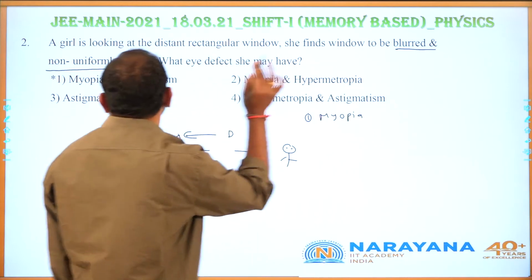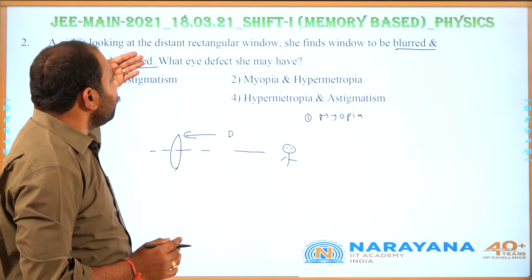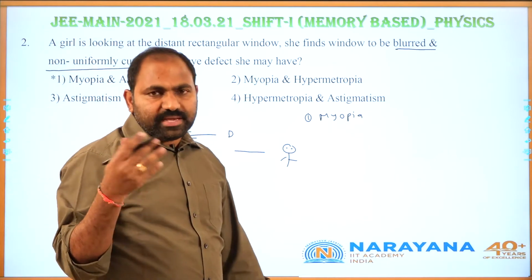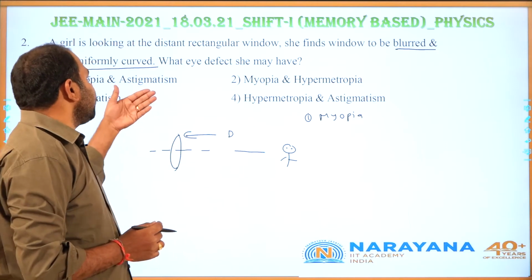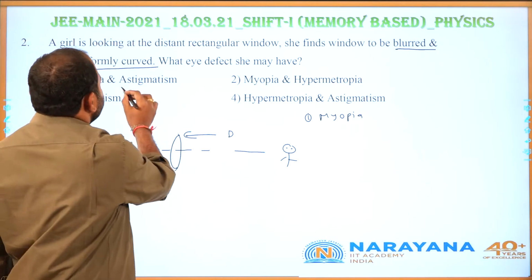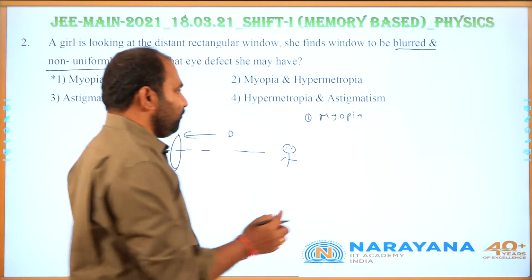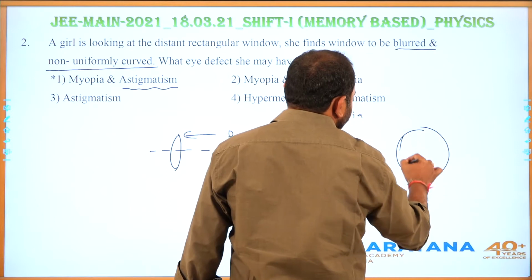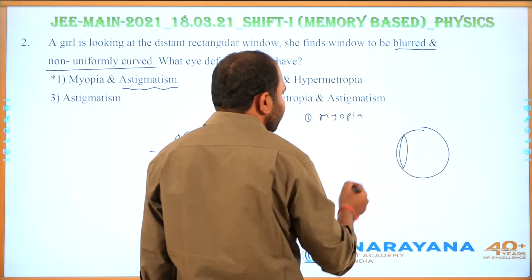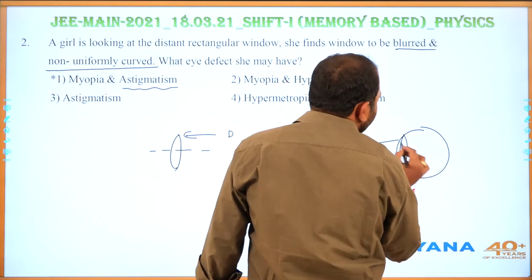Apart from this, it is given non-uniformly curved. This non-uniform curvature is because of the sphericity of the eye. That is called astigmatism, the defect of the eye because of sphericity. It is not a perfect lens as it is a sphere like this. Because of this defect, a point object may not form a point image.